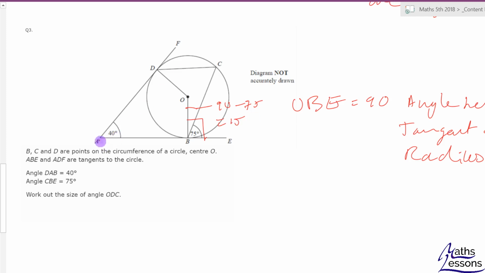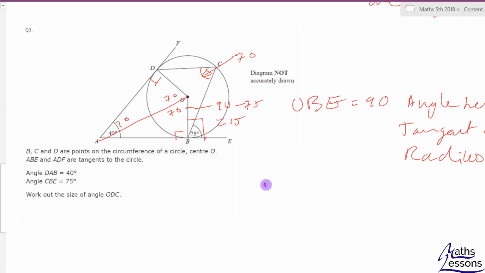If we do this again, that's 90. That's 90. So therefore, this angle is 20. Cut this in half. This angle, therefore, must be 70. That angle also must be 70. So if this angle there is 140, this angle here is also going to be 70 because angle at the centre is twice the angle at the edge.